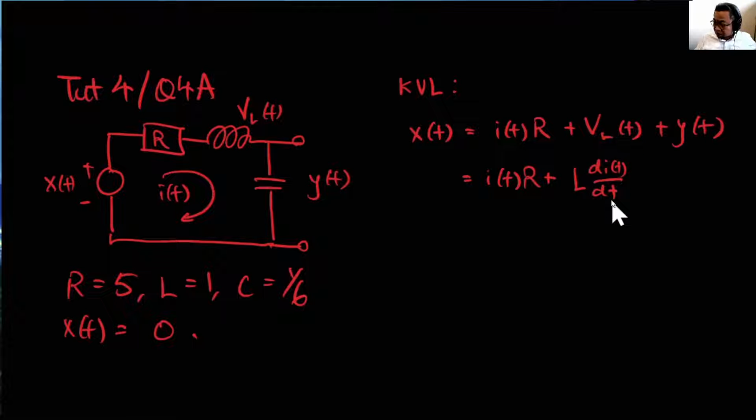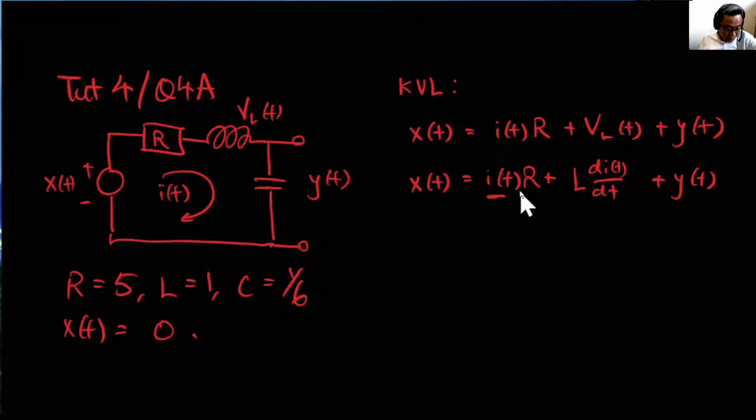So it's L di/dt. Although this is the correct equation, it does not relate y(t) to something we want. What is distracting us is i(t) over here. So if we can get rid of i(t) by casting i(t) to y(t), that will solve a lot of problems.